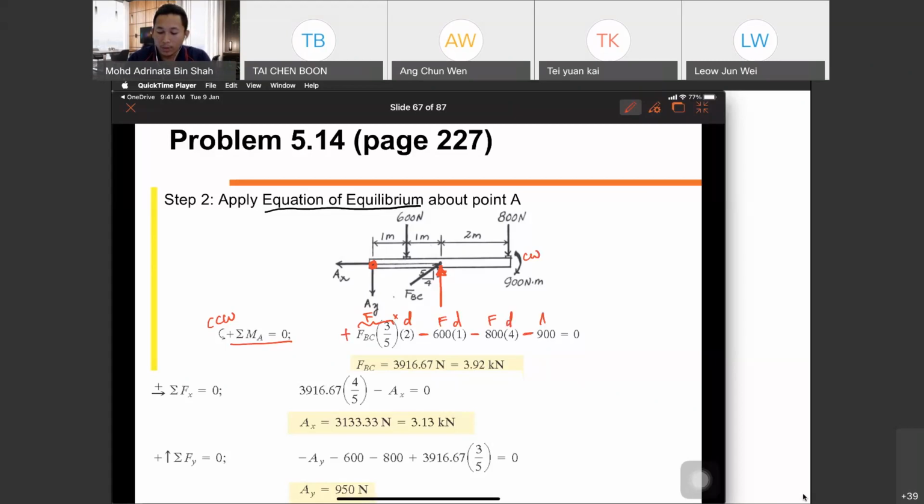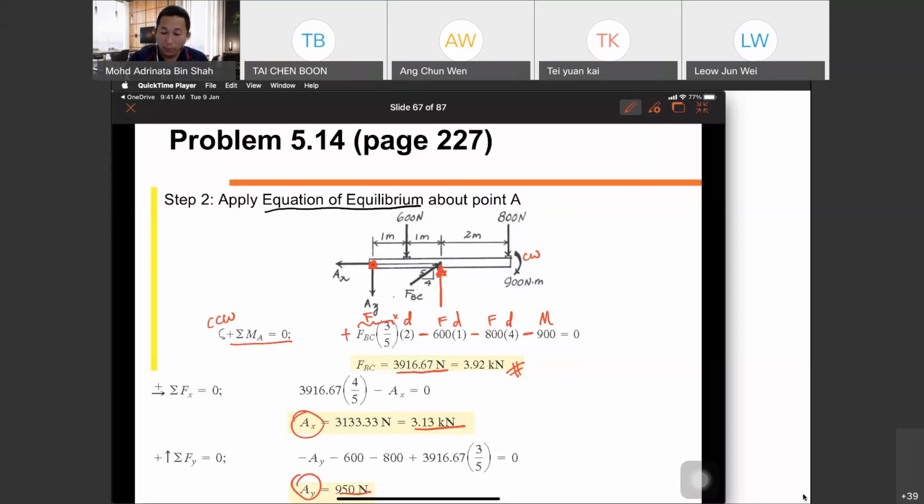So, the moment is given. We can solve our FBC is equal to 3.92 kilonewton. This is the answer. Then you need to write your X equation and also Y equation, and then you can solve your AX and AY. For this one, AX is positive, AY is positive.